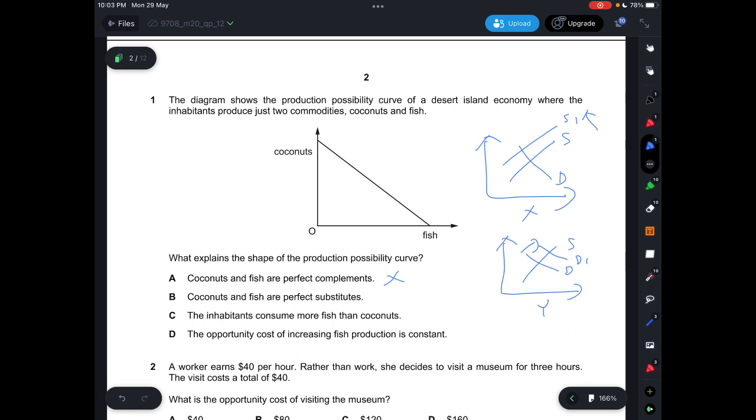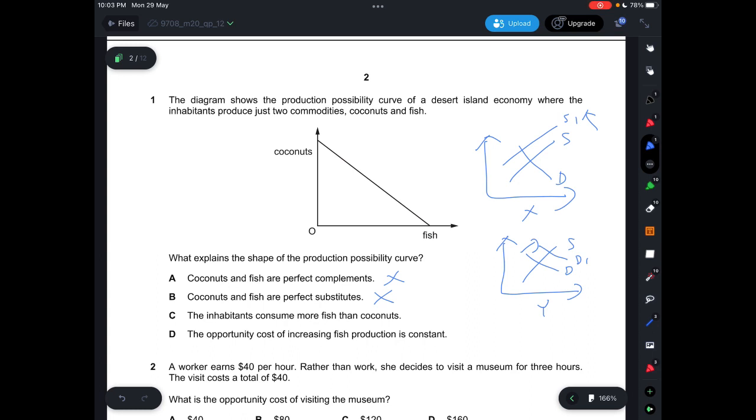But in the previous graph that I wrote for Y, an increase in price for good X results in a decrease in demand for good Y, because they're complements. So A and B are definitely not the answer because you cannot prove that from the PPC.